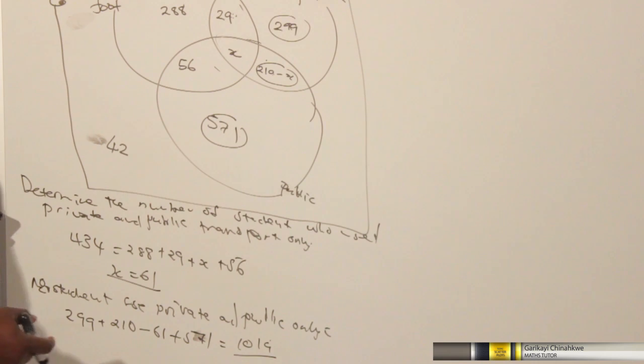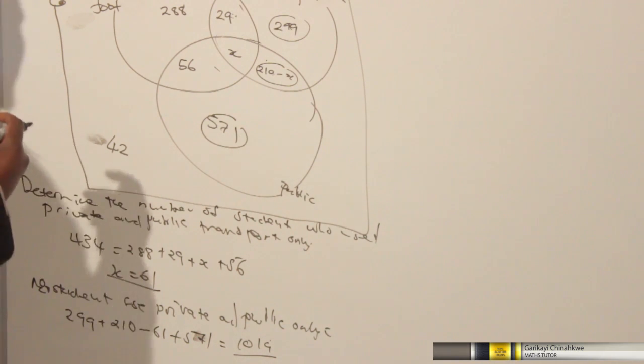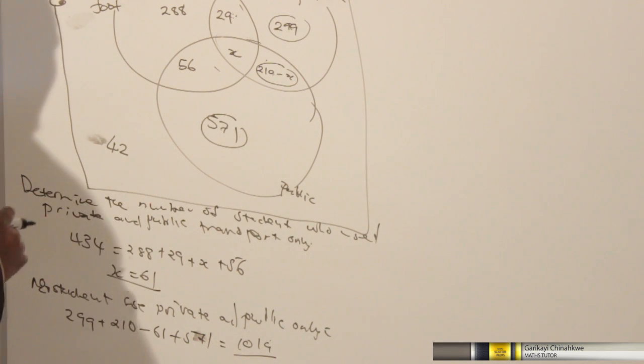So that's the number of students who used private and public transport only.